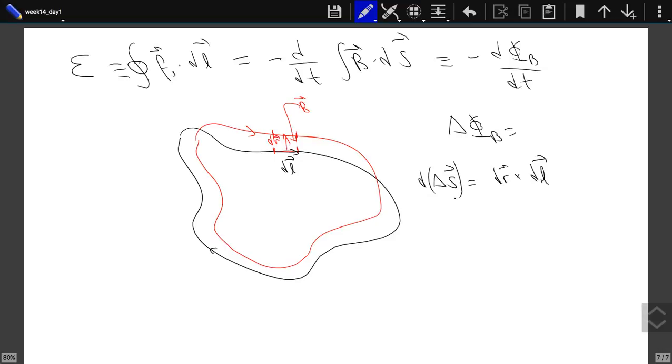We will just write an expression that is valid in general. Now the change in the flux due to that very small element in this time will be just B dot dr cross dl.